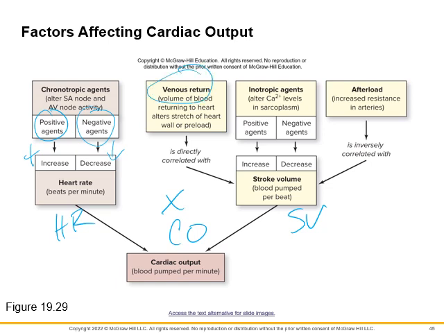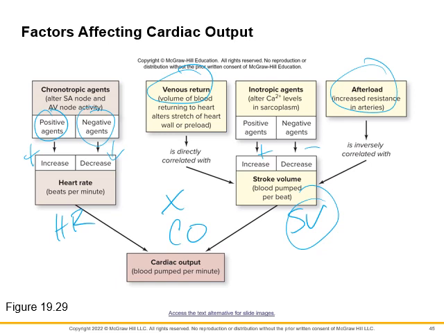Then we have venous return. We have positive agents that increase stroke volume, and negative agents that decrease stroke volume. And then we talk about the resistance in the arteries, whether the ventricle pressure generated can overcome the pressure of the blood already in the aorta and pulmonary trunk.